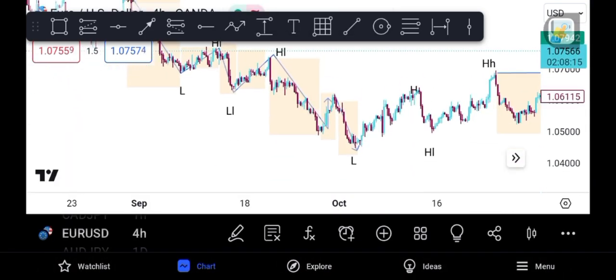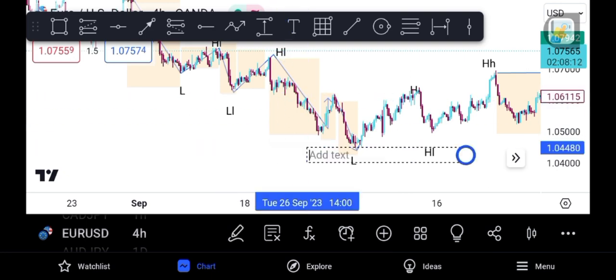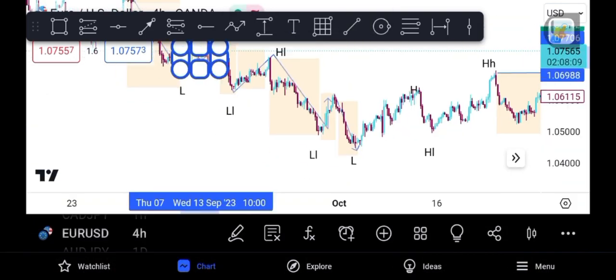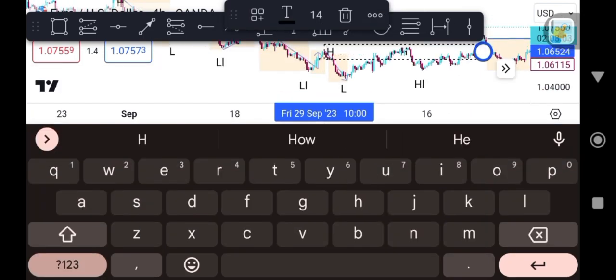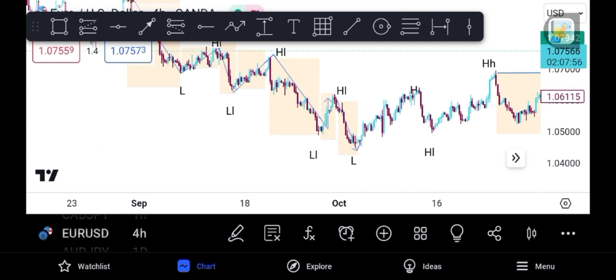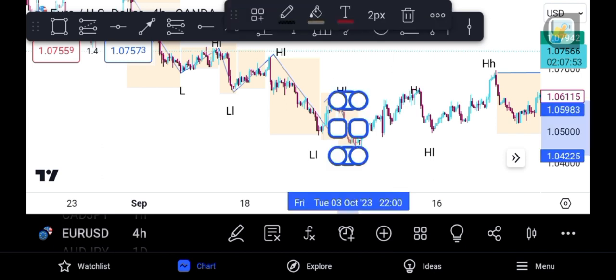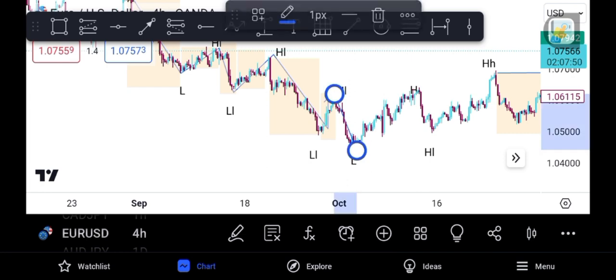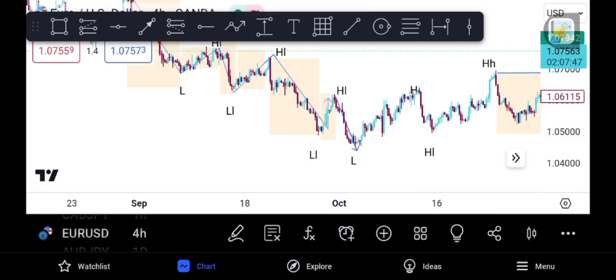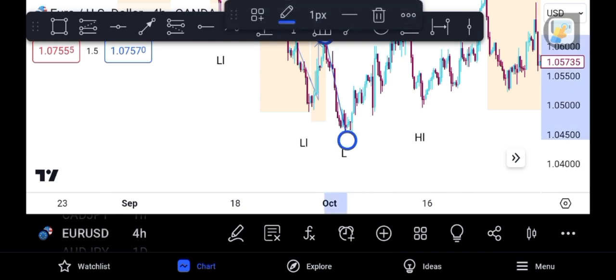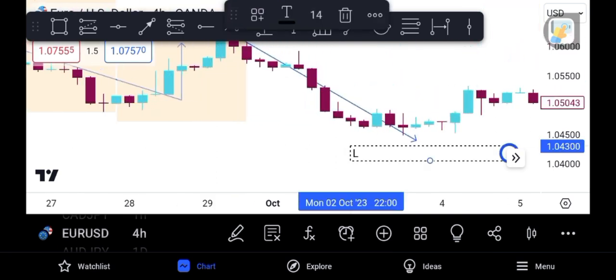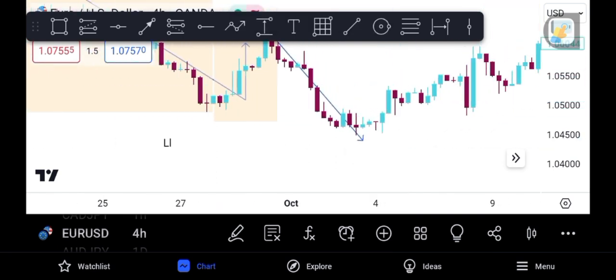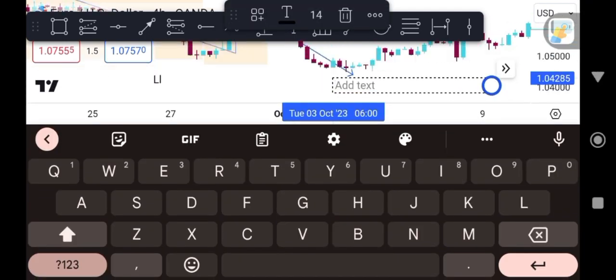Then a lower low. A higher low. Then a lower low.